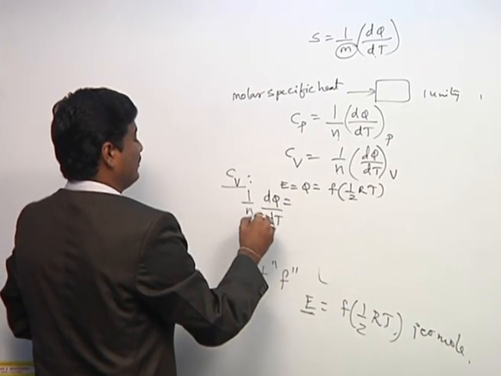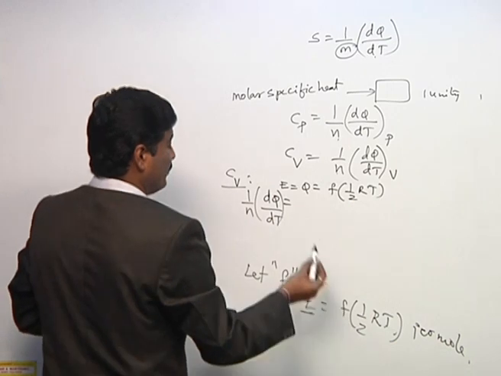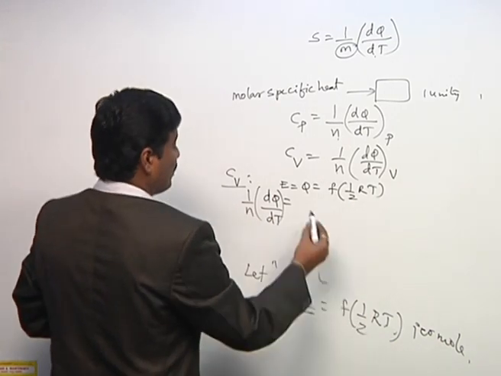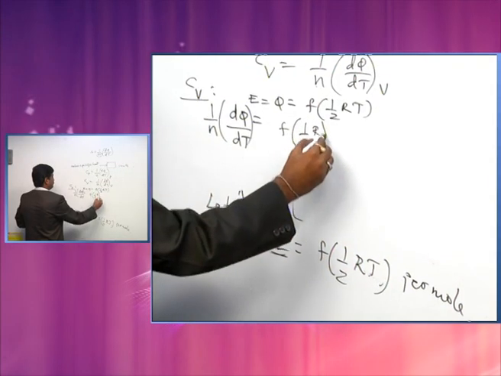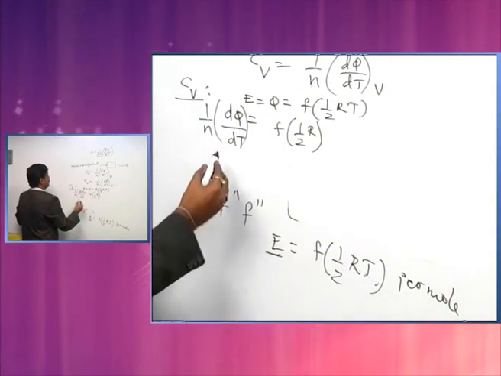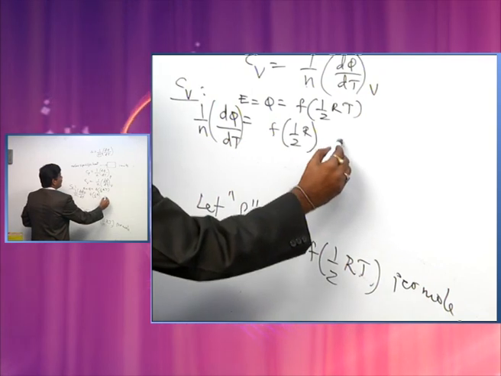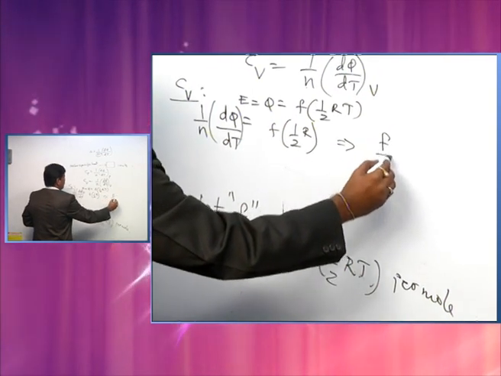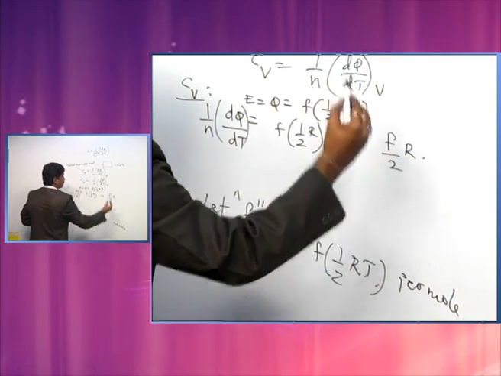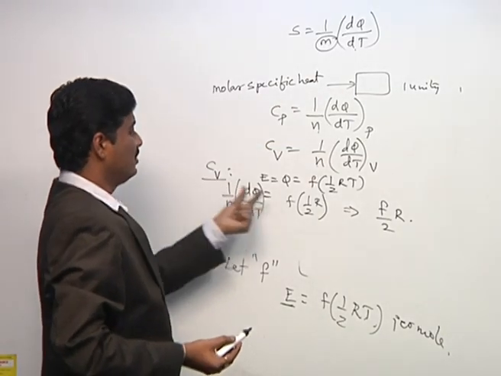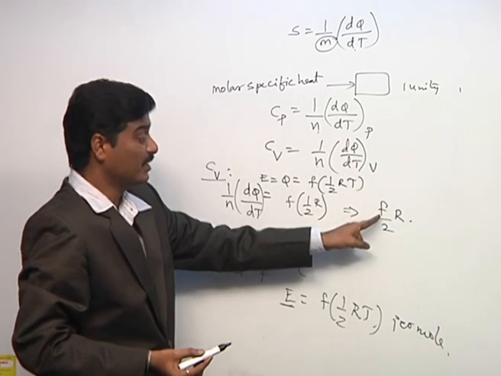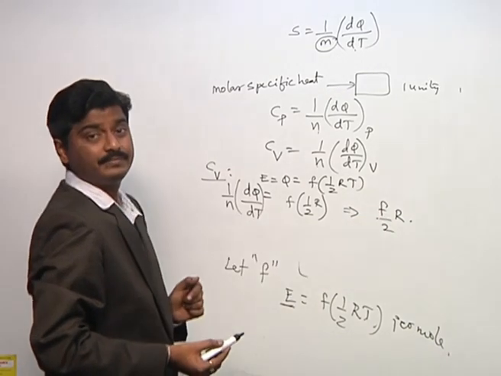So 1 by n dq by dt here. So how can we write this dq by dt? F into 1 by 2 R. See, per 1 mole we can write F by 2 R. This is the molar specific heat at constant volume. We are taking it in terms of degrees of freedom, F by 2 R.